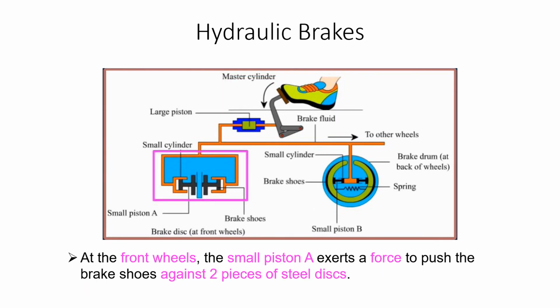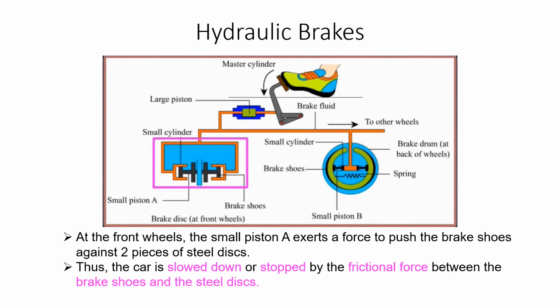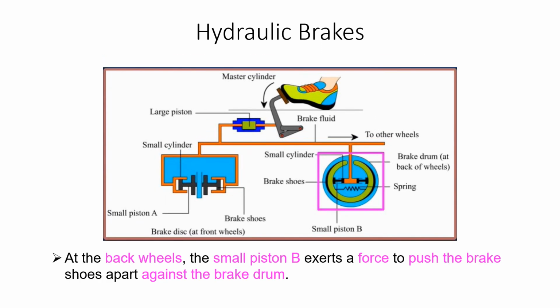At the front wheels, the small piston A exerts a force to push the brake shoes against two pieces of steel disc. Thus, the car is slowed down or stopped by the frictional force between the brake shoes and the steel disc. At the back wheels, the small piston B exerts a force to push the brake shoes apart against the brake drum.